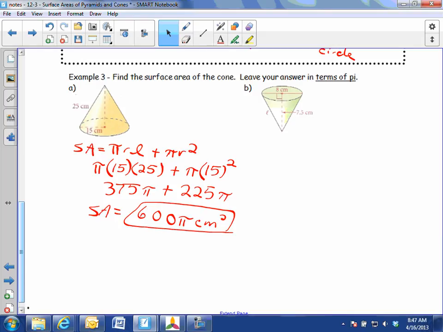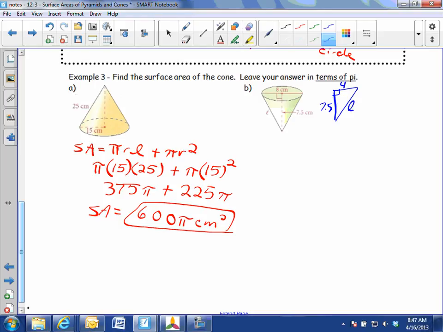Okay, this next one is going to be just a little bit more difficult. Yeah, we better do the Pythagorean theorem, because they give us the altitude, the height of the cone, but not the slant height. So we need to use the Pythagorean theorem. We know this is 7.5. We know that the radius is 4.